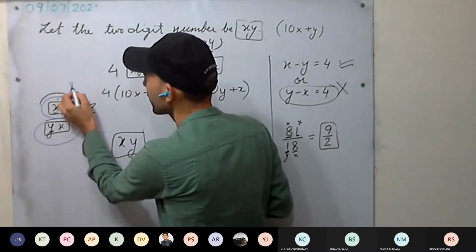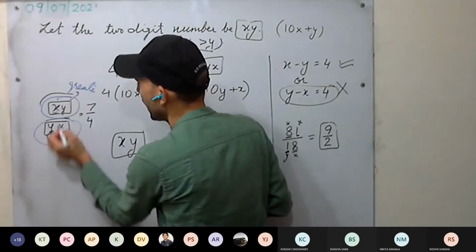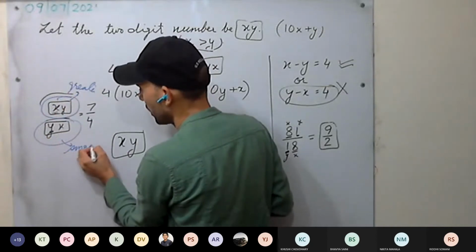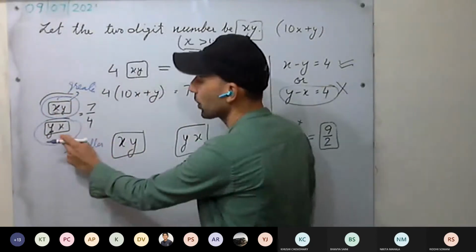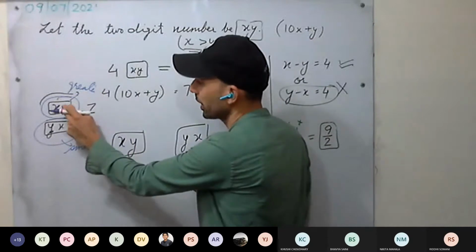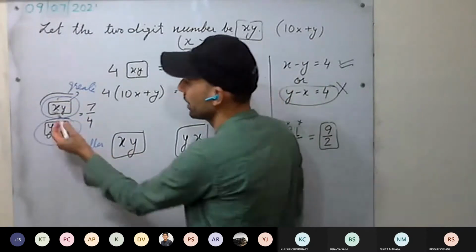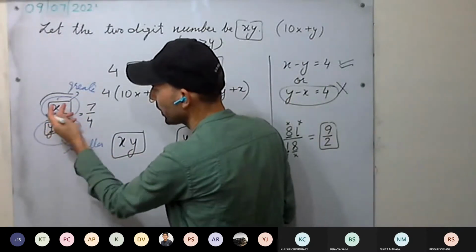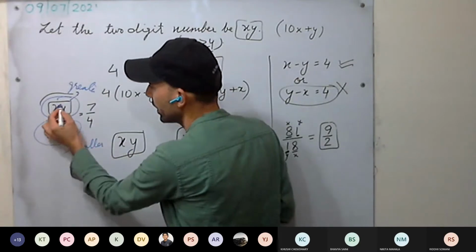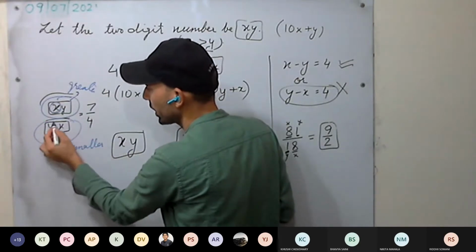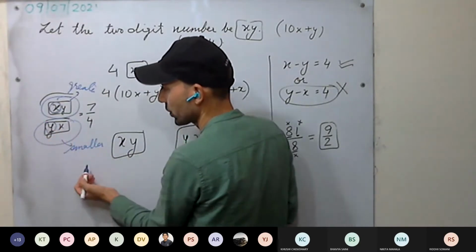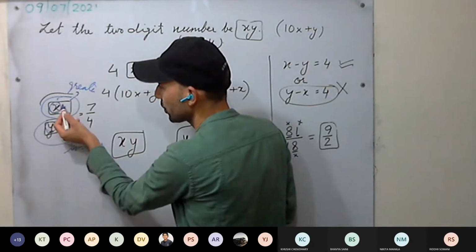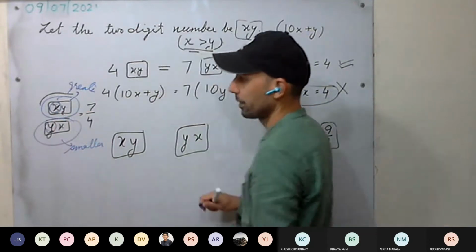This is the greater number and this has to be the smaller number. Now how can this be smaller and this be greater? Since we have formed the number by interchanging the digits, this digit is more than this digit.